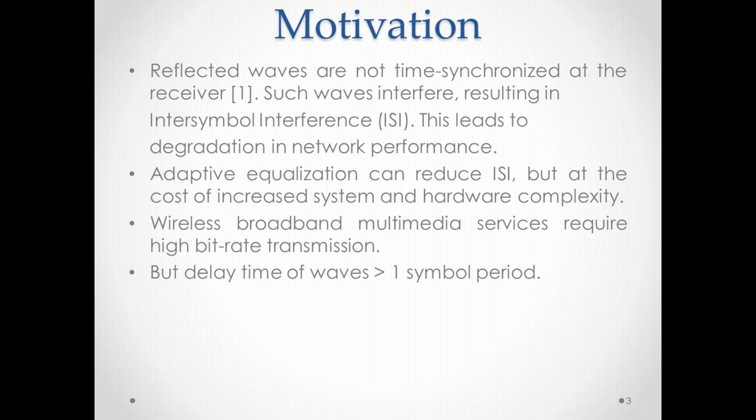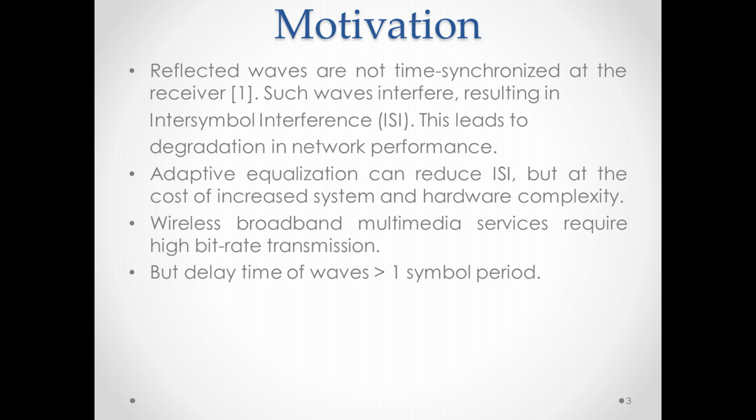Several techniques can be used to reduce intersymbol interference. One of them is known as adaptive equalization. Adaptive equalization can reduce intersymbol interference, but at the cost of increased system and hardware complexity, as adaptive equalizers are expensive to build and it also increases the complexity in the receiver.